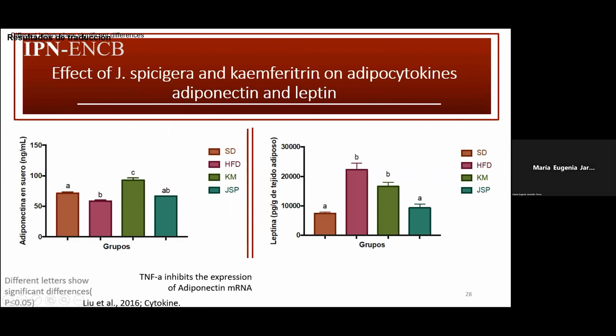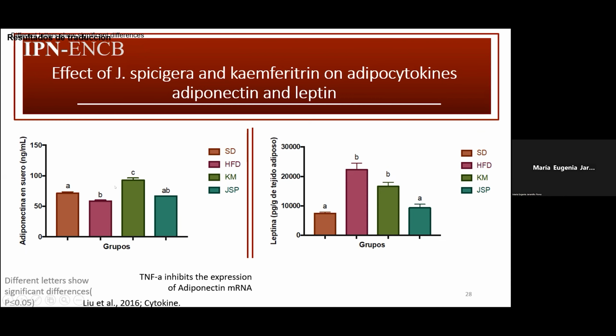In relation to adipokines, adiponectin and leptin, we found that adiponectin is reduced in the high-fat diet group, with an important increase with kaempferitrin, the flavonoid present in the plant, and there is no difference when you use Justicia spicigera plant.